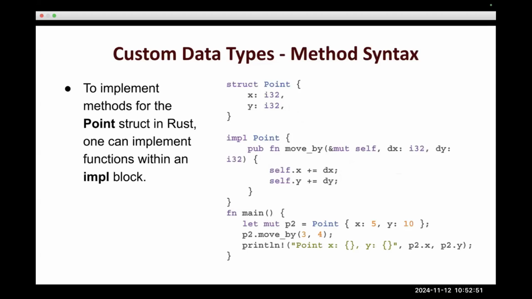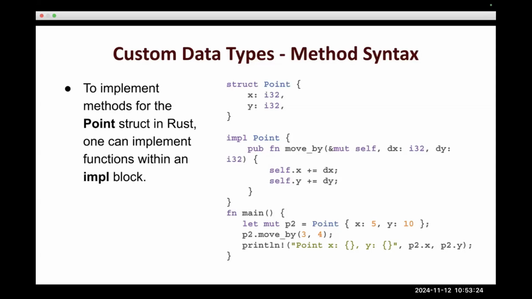Now, Rust provides methods, but it's not doing this as a whole class structure. It's doing it separately. So it defines this data structure called a point, like in the example here. And then you define a function associated with a particular structure. You want this function to leverage this data structure and change that data structure to a different state.